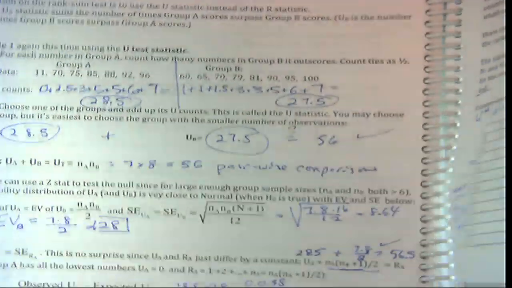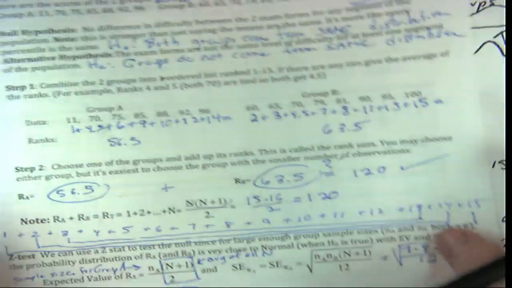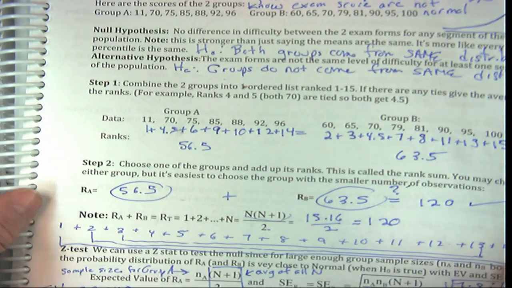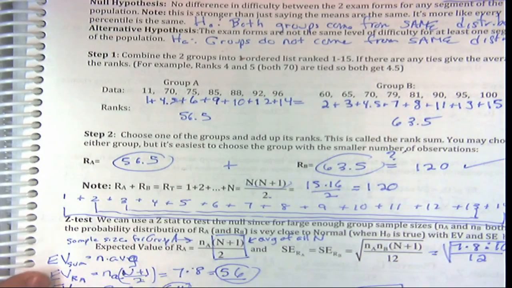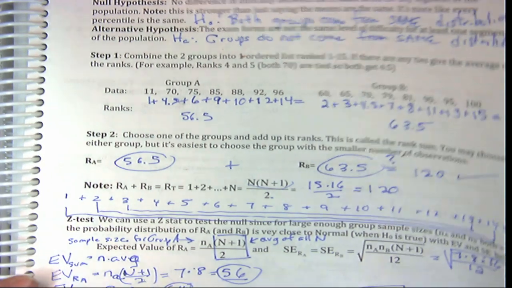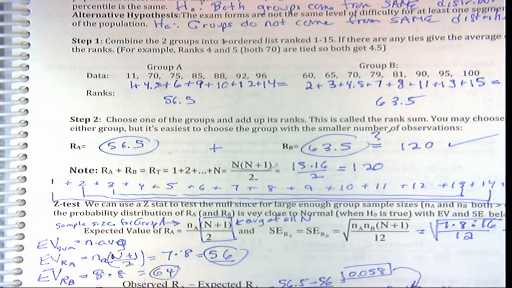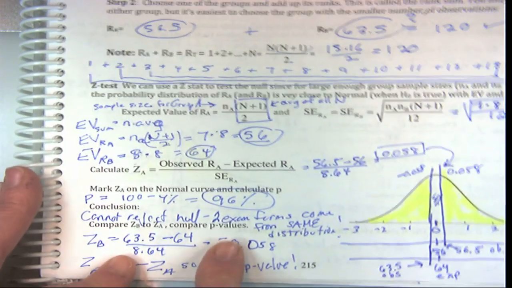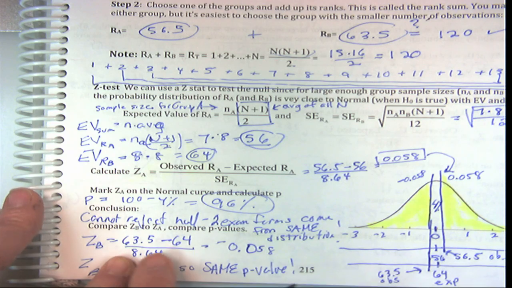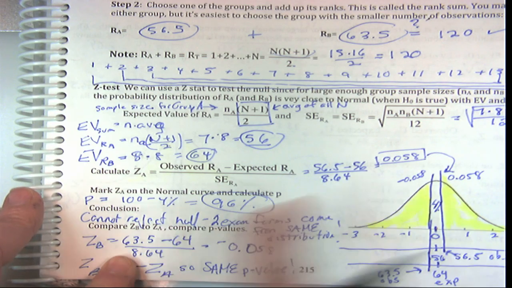Why? Let's remember what we did before with the ranks. We got this z, and do you see we didn't have to square them, because here's the zb, and here was the za.